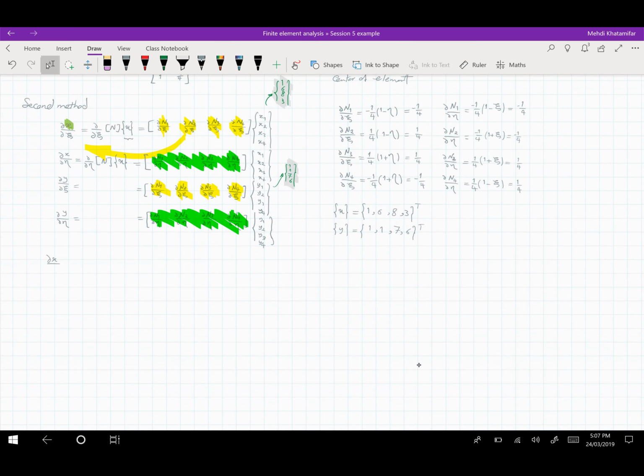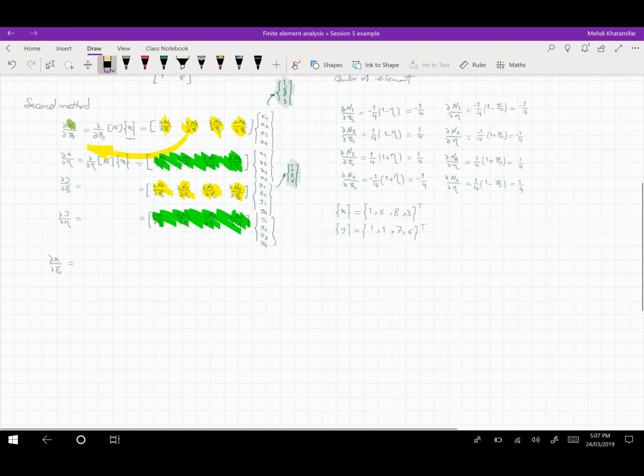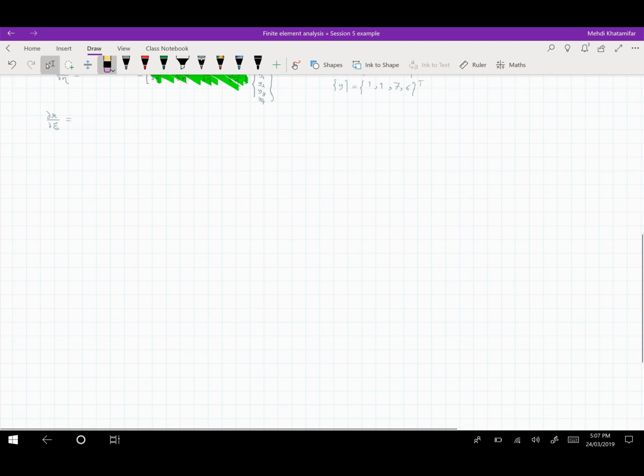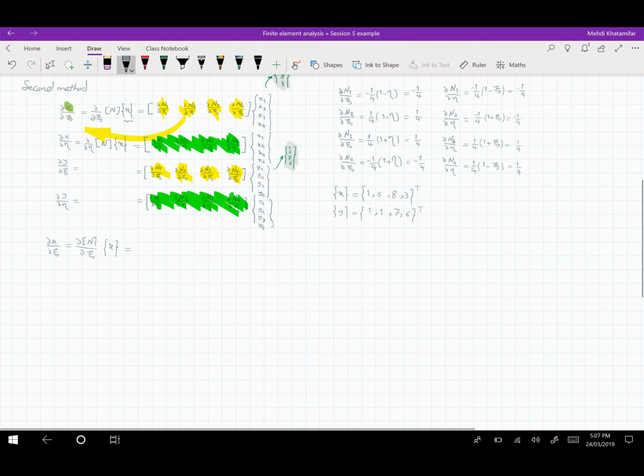Okay, now it's time to find the derivative of x over psi, which is going to be the derivative of the N matrix over psi multiplied by the nodal positions.